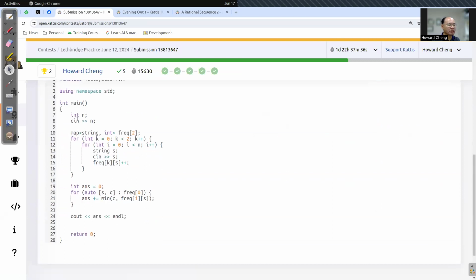So here's my solution. Again, it's fairly short. Read in N. And I'm going to have two maps. I'm using an array of maps, so it's easier for me to index. I can write a loop that goes through the judgments twice, right?